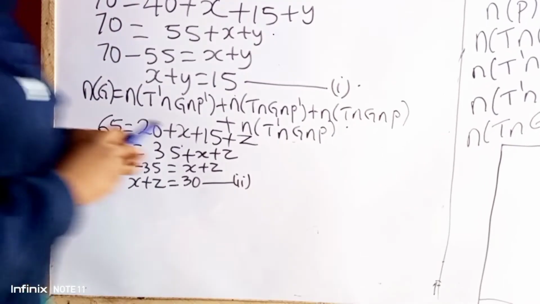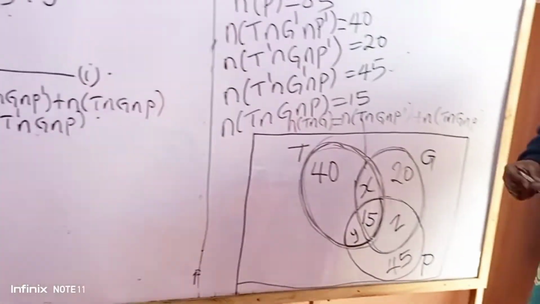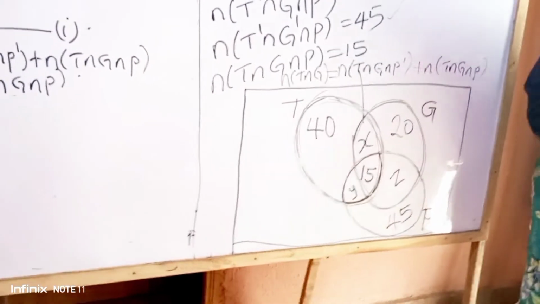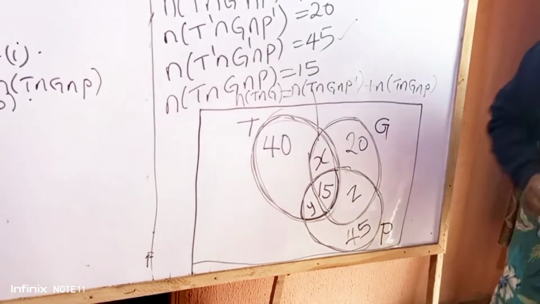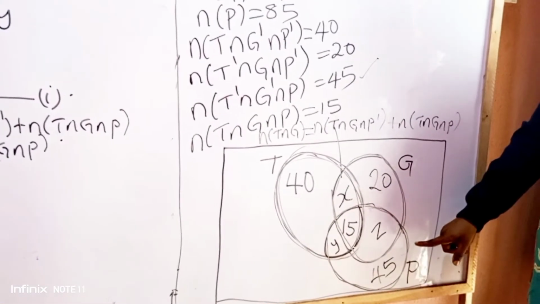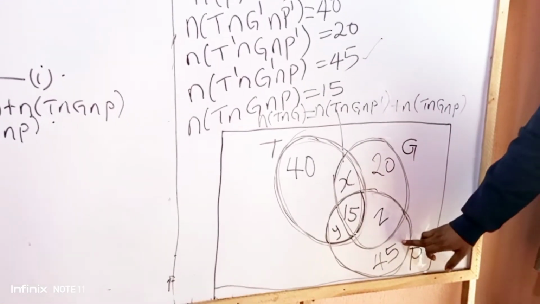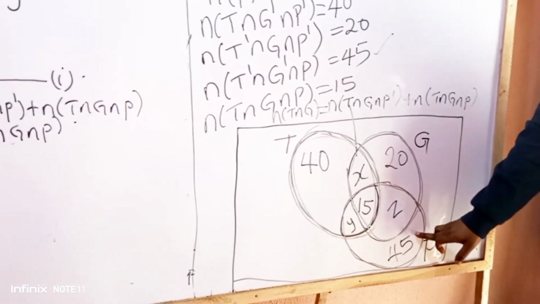Now let's go to punch, cardinality of P. So I have here cardinality of P, everything inside P. So cardinality of P consists of P only.